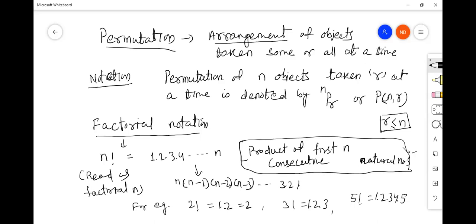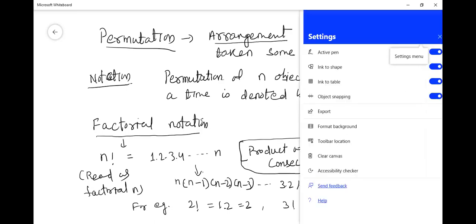Whether you write 1 into 2 into 3 into 4 into 5 or 5 into 4 into 3 into 2 into 1, no problem. So this is the factorial notation, the product of the first n consecutive natural numbers. And of course the special case is 0 factorial, which I will tell you.